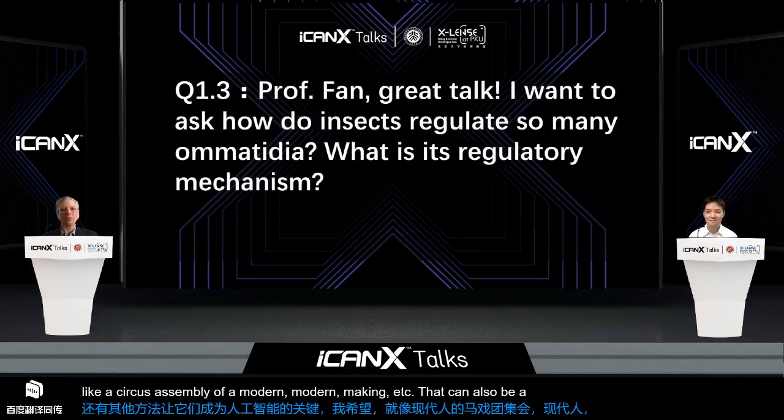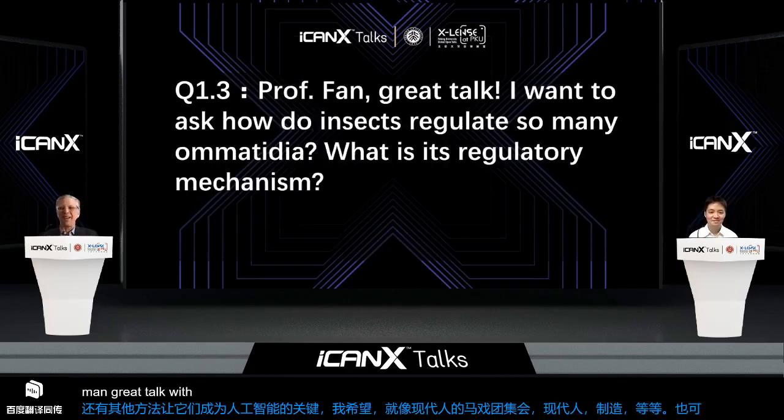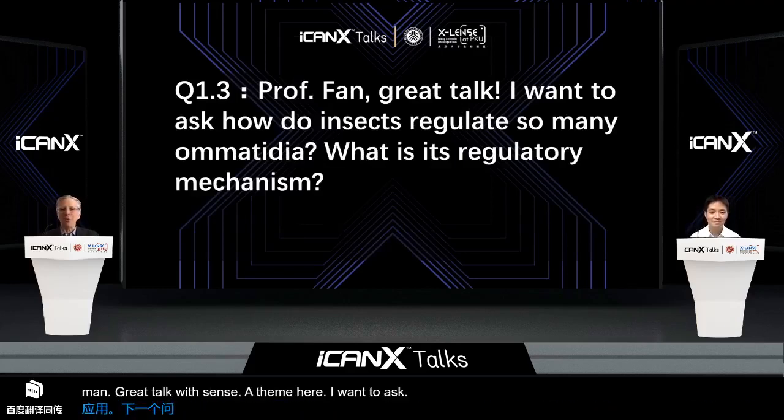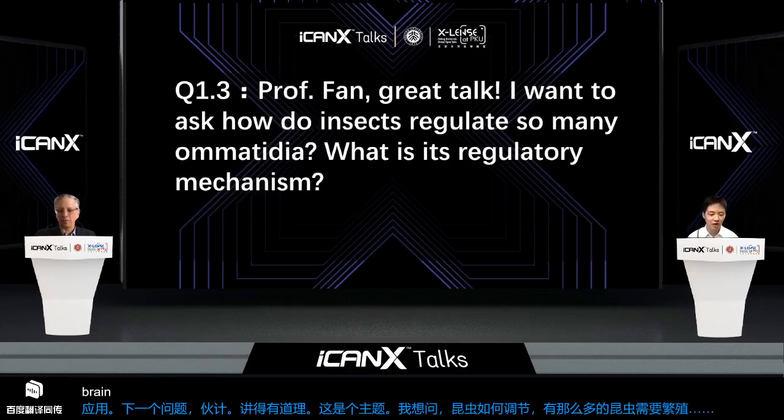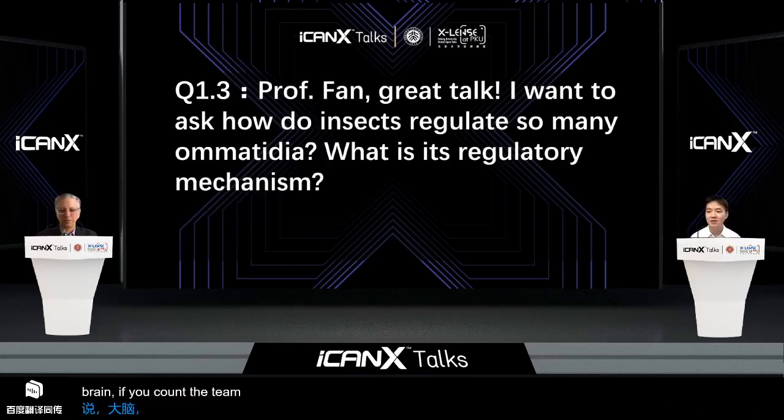The next question. Professor Fan, great talk. I sense a theme here. I want to ask, how do insects regulate so many ommatidia? If you count these ommatidia, each insect perhaps has a few hundred to a few thousand.